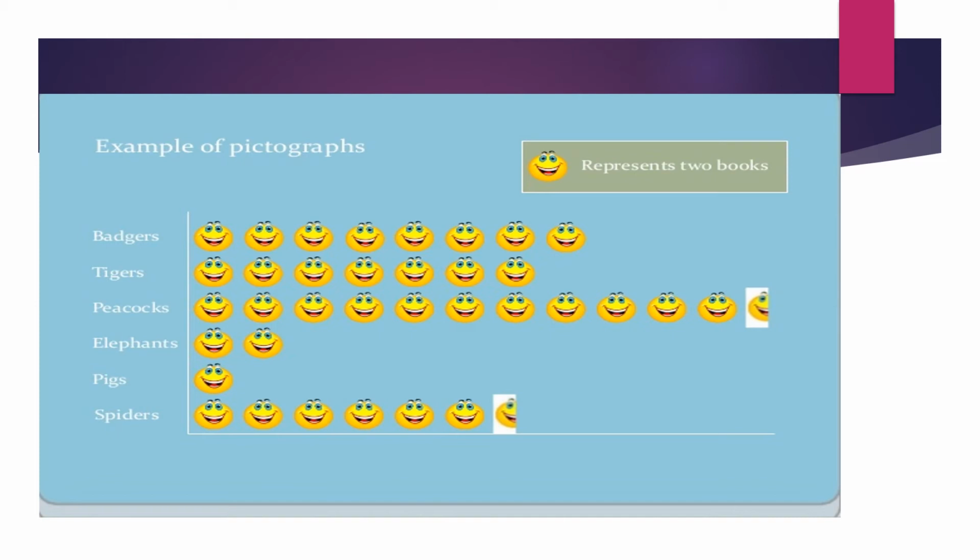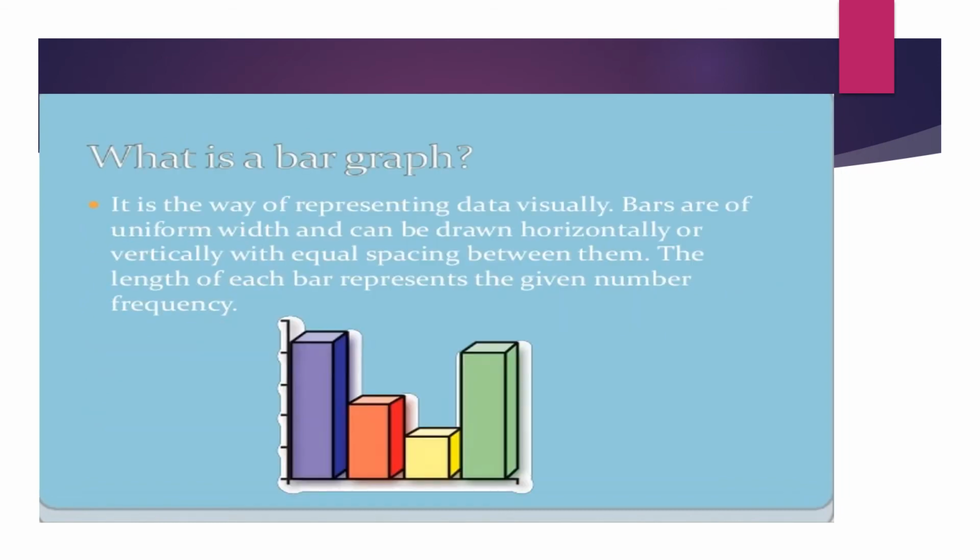Peacocks, 1, 2, 3, 4, 5, 6, 7, 8, 9, 10, 11. 11 into 2, 22, plus 1 half, that is 23. Elephants, 4 books. Pigs, 1 book. Spiders, 6 into 2, 12 plus 1, 13 books.